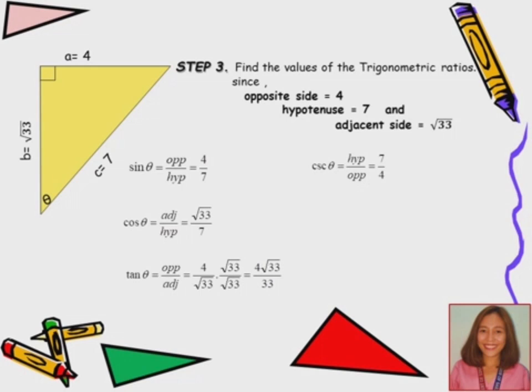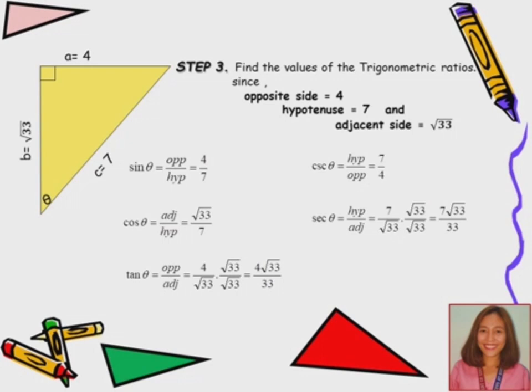Next, ano yung next trigonometric ratio natin? Okay, tapos na tayo kay so, ka, to, wa, chu. Next is si secant or yung tinatawag natin siya. So, pag sinabi natin secant, siya, that stands for H and A. Secant equals H over A. So, since our hypotenuse is 7 and our adjacent is square root of 33, ayan na naman, Ma'am Ludes, may radical sign na naman yung ating denominator.